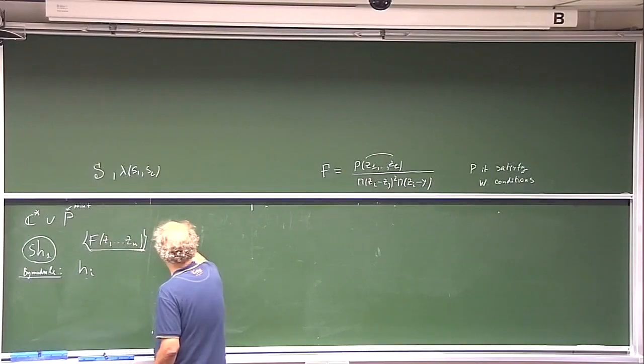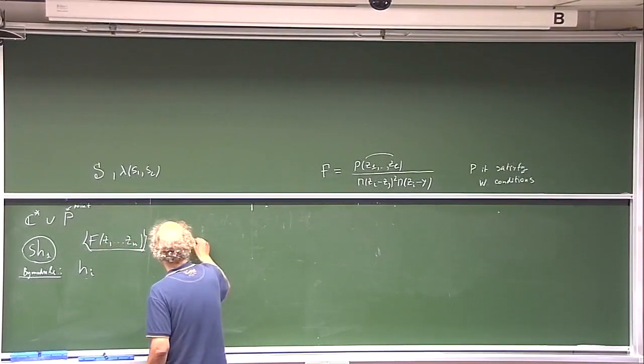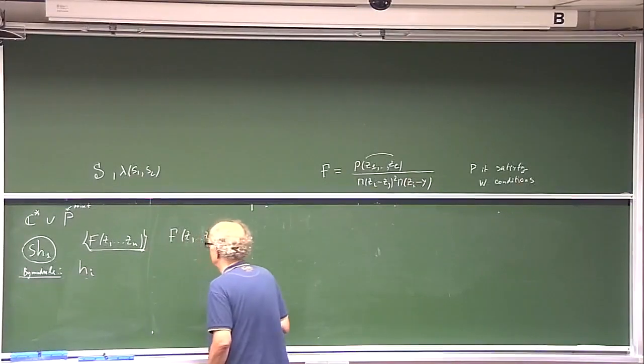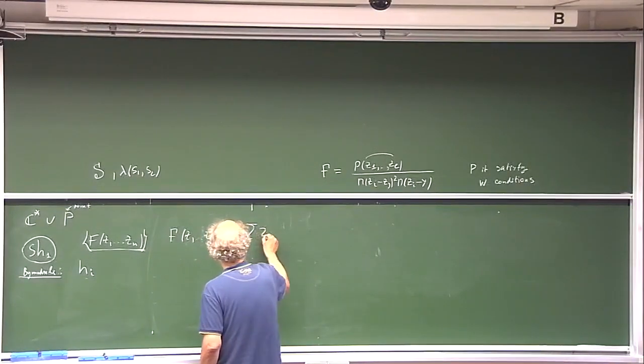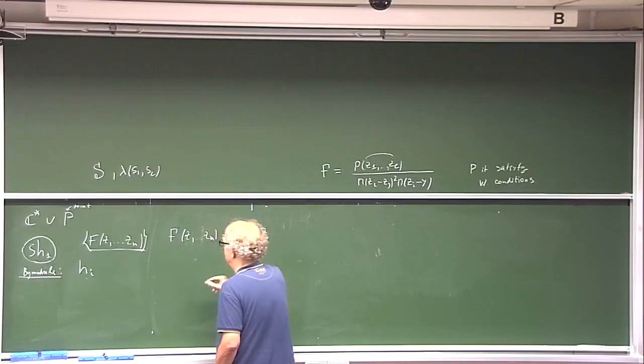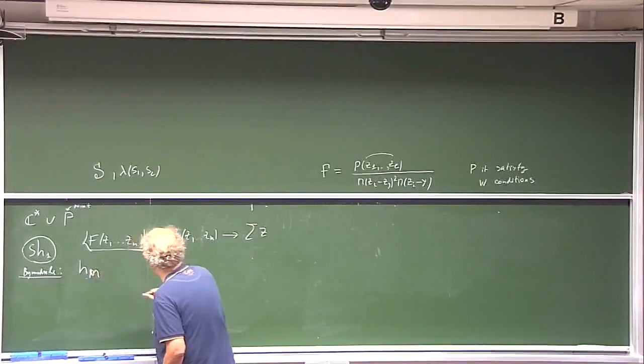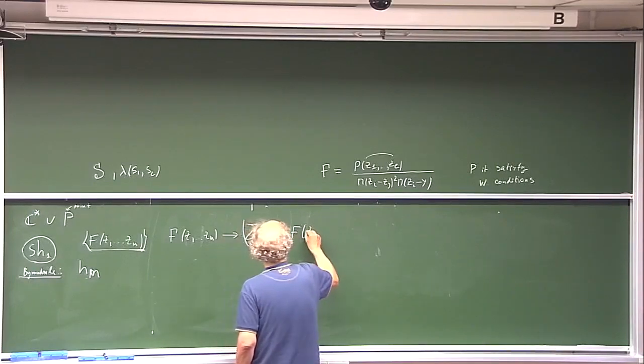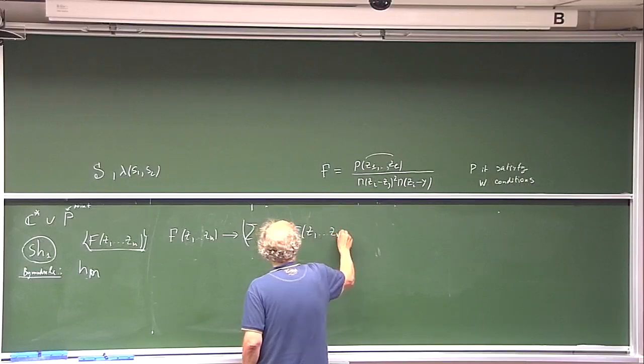It takes such a function f(v1,...,vn) and sends it to the sum of vi to the power m, a Newton polynomial, times f.